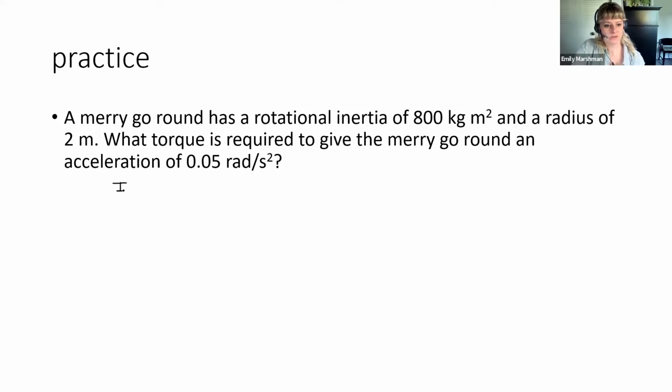I've got that the rotational inertia I is 800 kilogram meters squared. Its radius is 2 meters. Its angular acceleration is 0.05 radians per second squared. And I'm looking for the torque required.